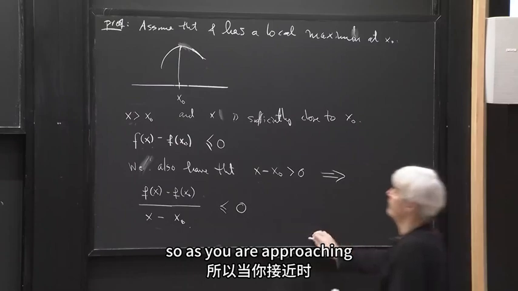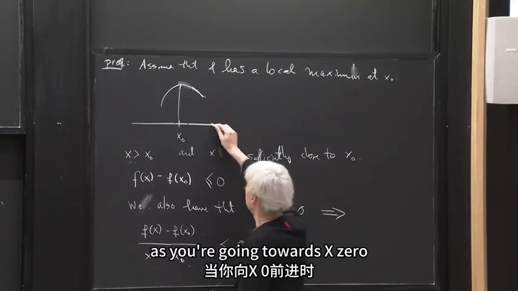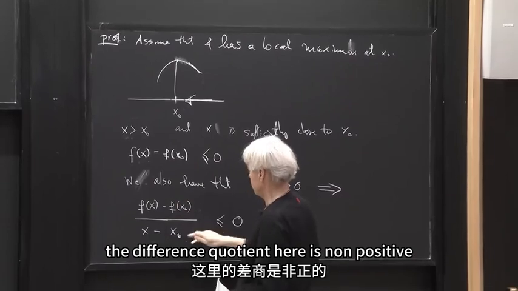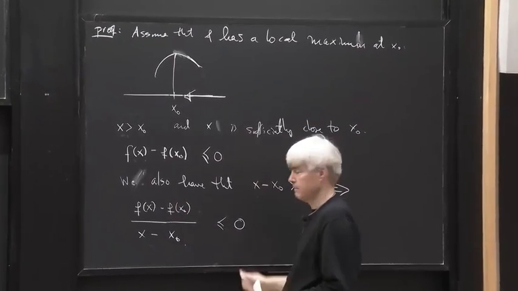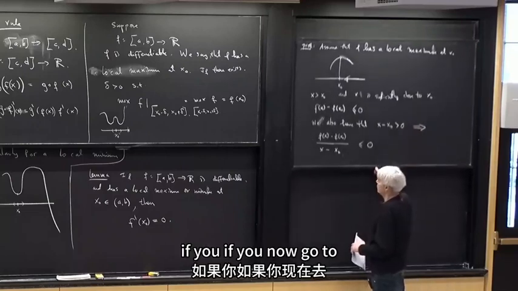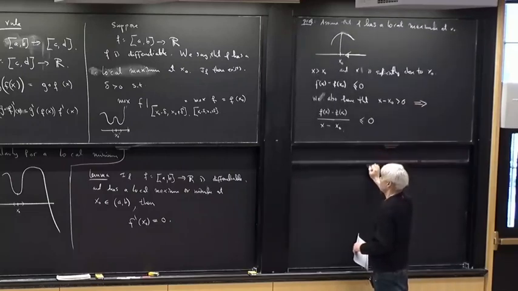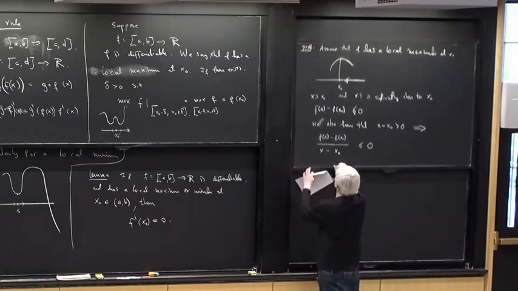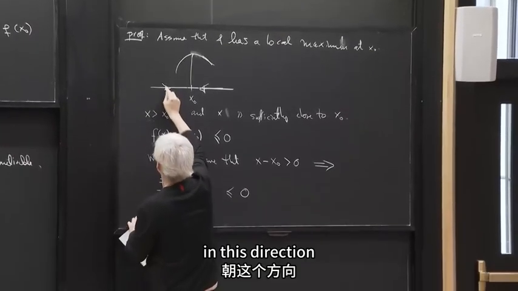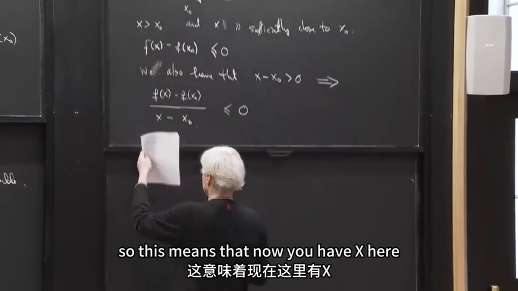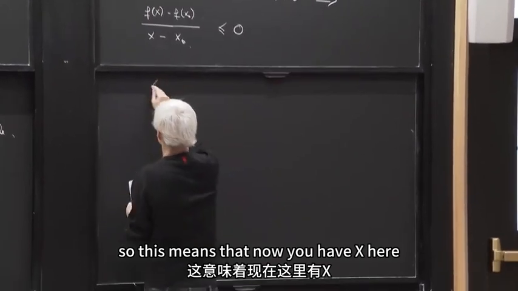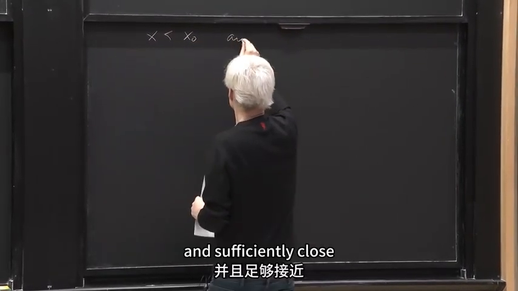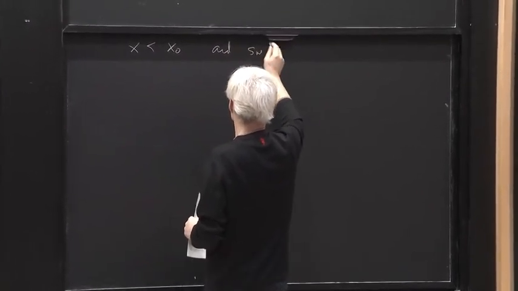So as you are going towards x0 from the right, the difference quotient here is non-positive. If you now go to x0 from the left, in this direction, then now you have that x is less than x0, and sufficiently close.